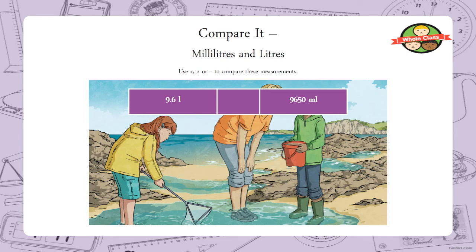Multiply it and tell me the answer. Yes, excellent. This is 9600. So now compare 9600 smaller than or greater than 9650. It's smaller than. Good job.